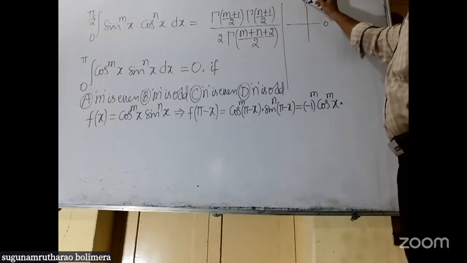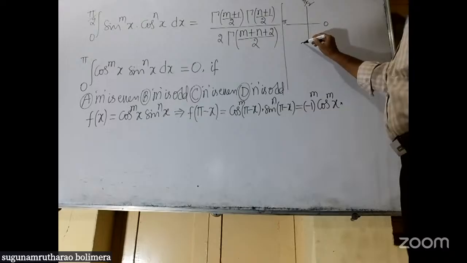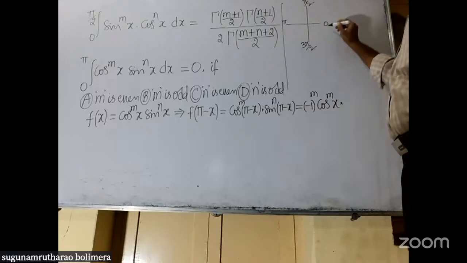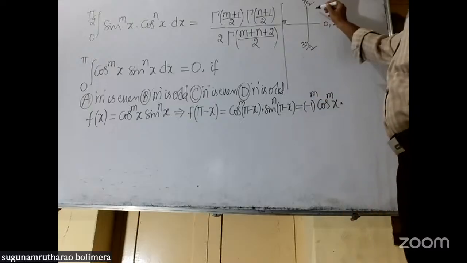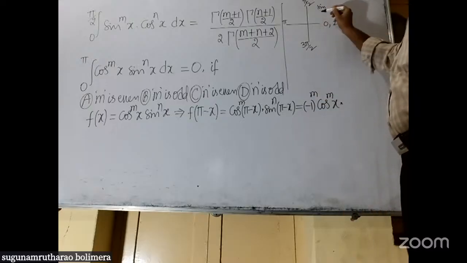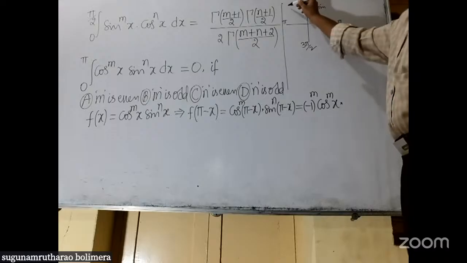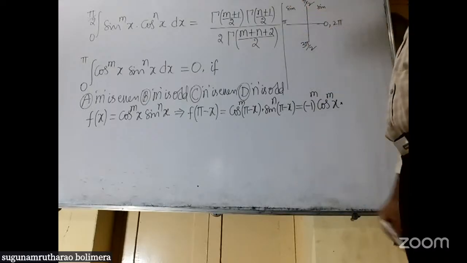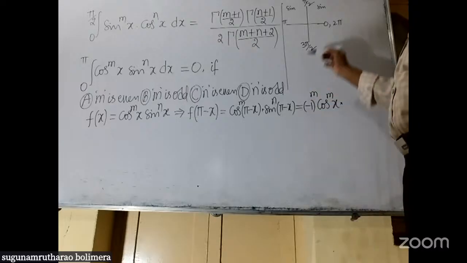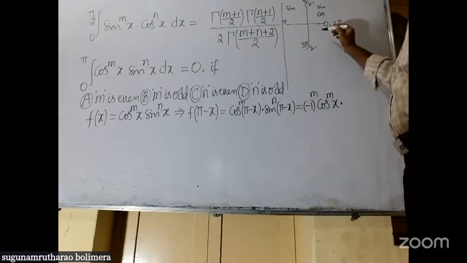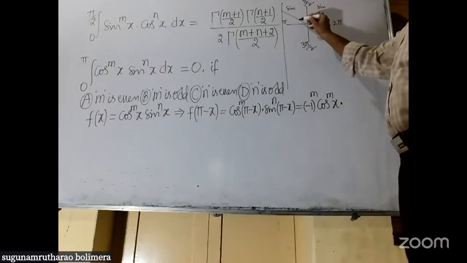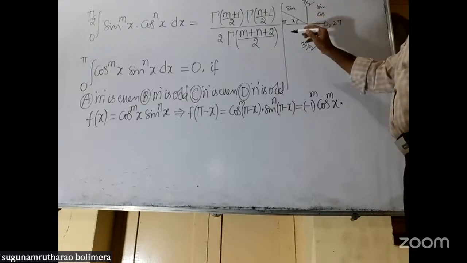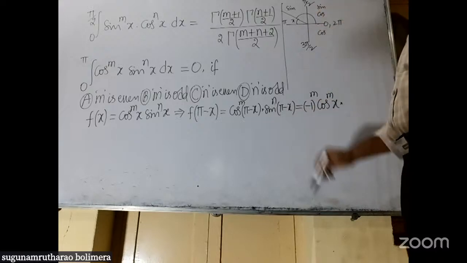Cos of pi minus x is... 0, pi by 2, pi, 3 pi by 2, 2 pi. Sin is positive in first and second quadrant. Cos is positive in first and fourth quadrant. So pi minus x is this.